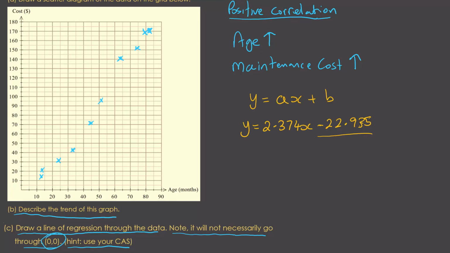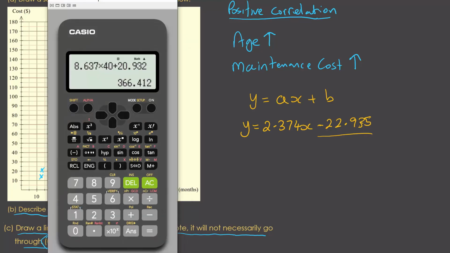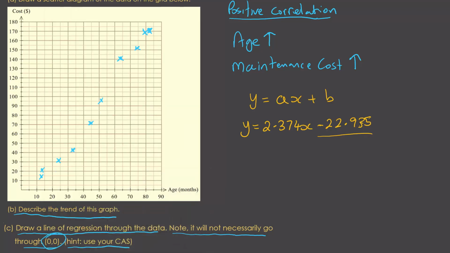So what I'm going to do is I'm going to compute that. 2.374 when x is 10, times 10, take away 22.935, gives me 0.8. So 10, 0.8 on this sort of scale is going to be virtually on the axis there.